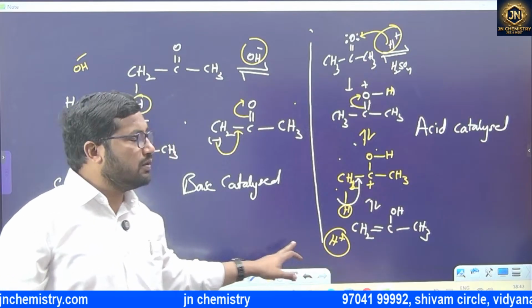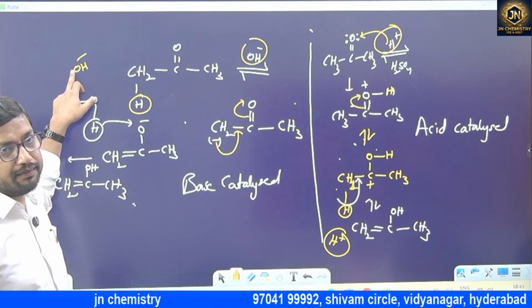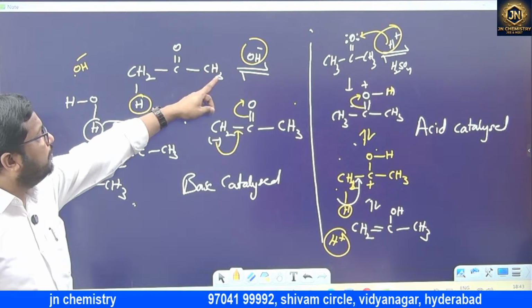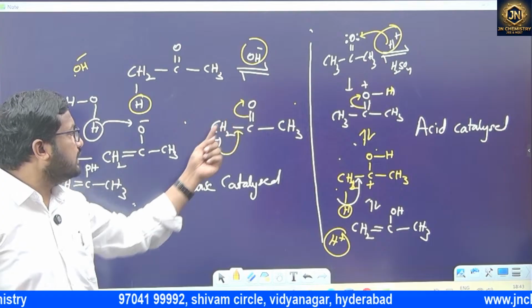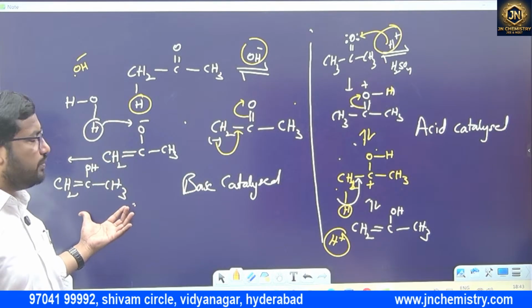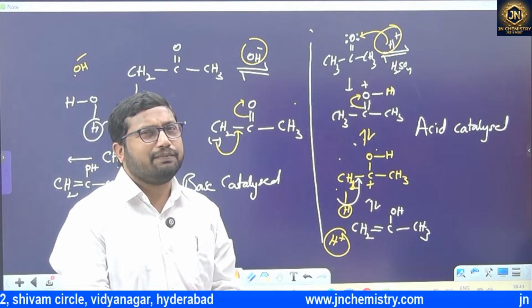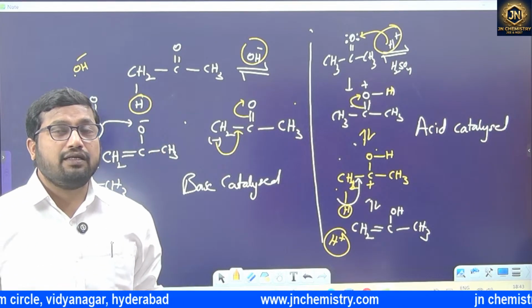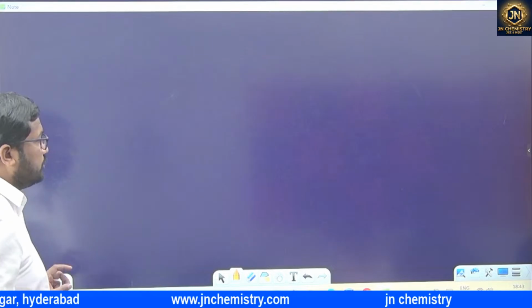Here the OH minus we added, the OH minus came out in the final. So base abstracts the proton, negative charge is coming, resonance takes place, then water gives the proton, and automatically we got the product. Simple. This mechanism is not that important, but we need to know, because sometimes they may ask questions.